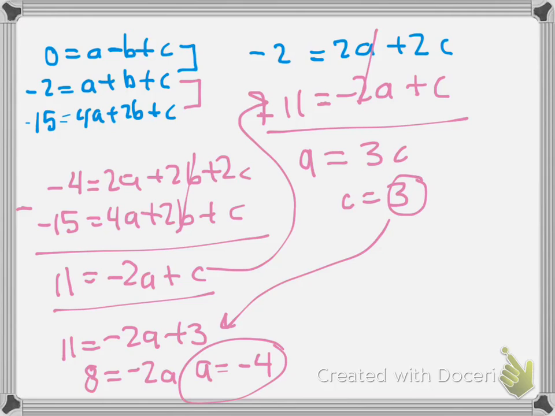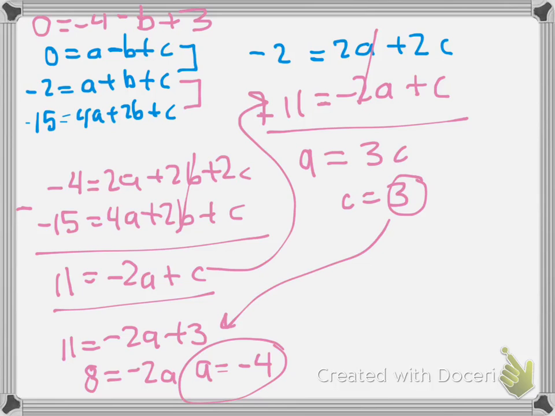So if I have my a and I have my c, I just need to find my b. Let me see if I can squeeze it in on top. 0 equals, I know this is negative 4 minus b plus 3. So if I have negative 4 plus 3, I'm going to end up with negative 1.